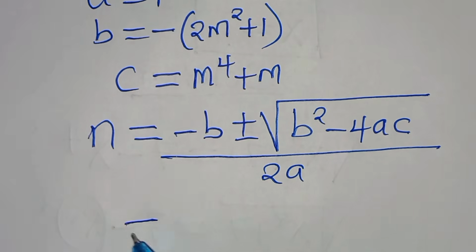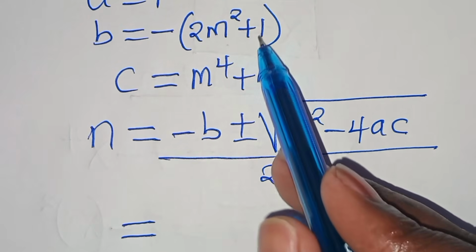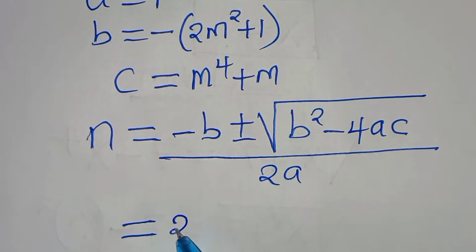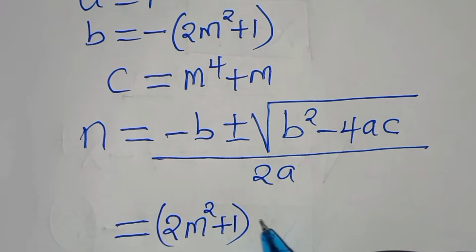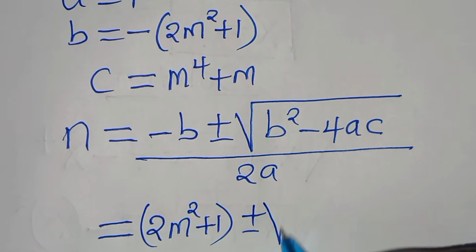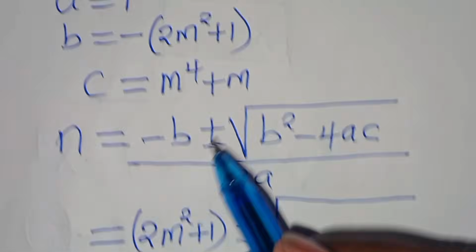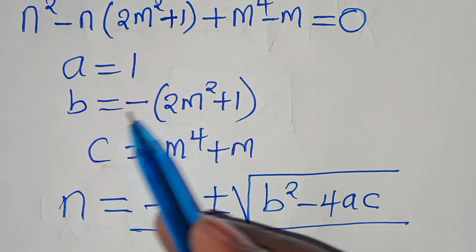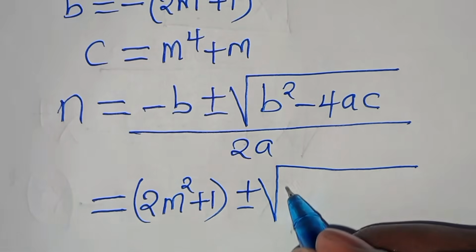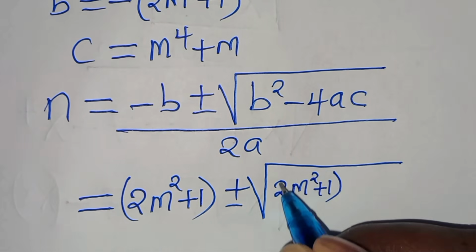And in this case, here we have minus b, which is minus of minus 2m squared plus 1. So this means we have 2m squared plus 1, then plus or minus the square root of b squared. B squared in this case is minus into the parentheses 2m squared plus 1 raised to the power of 2. So minus becomes positive, so we have 2m squared plus 1 raised to the power of 2.